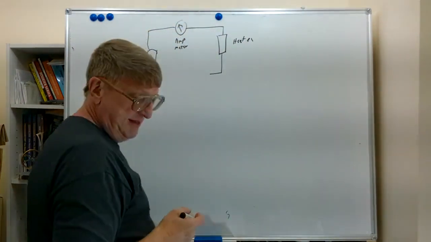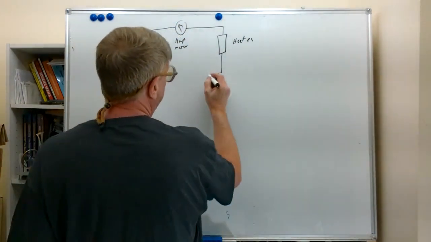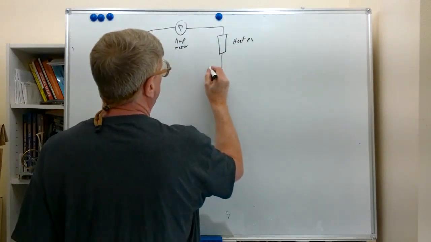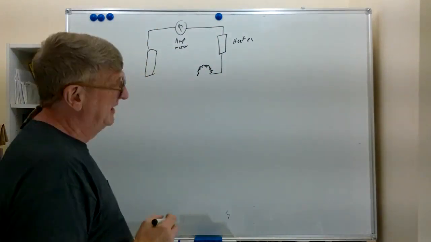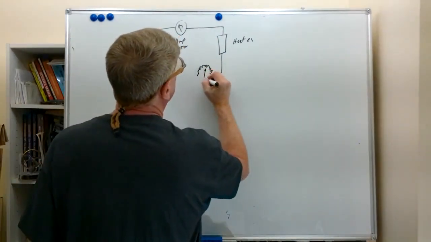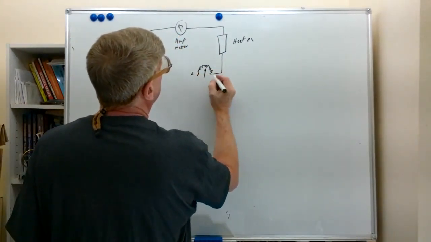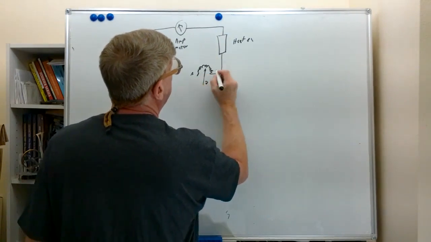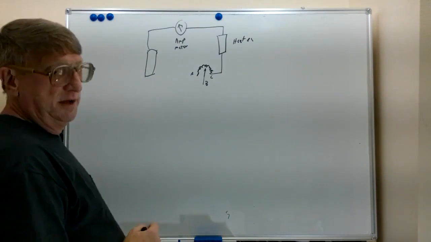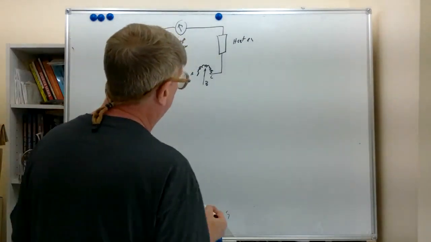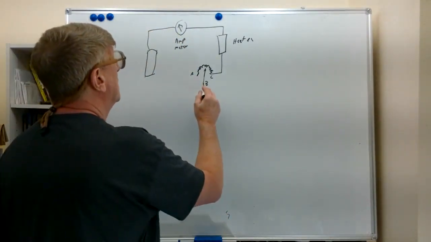And I'm going to draw a pictorial representation of a rheostat. We've got the wiper moving here, and these are our terminals A, B, and C, just like we had on our variable resistor diagram a little bit ago.